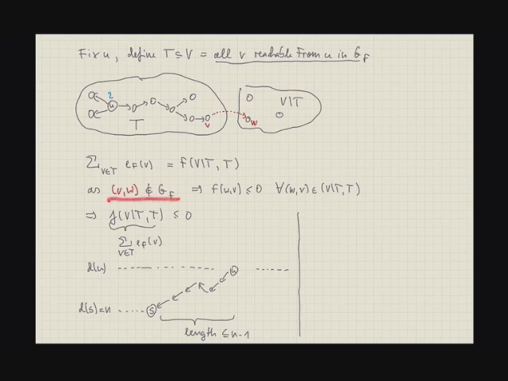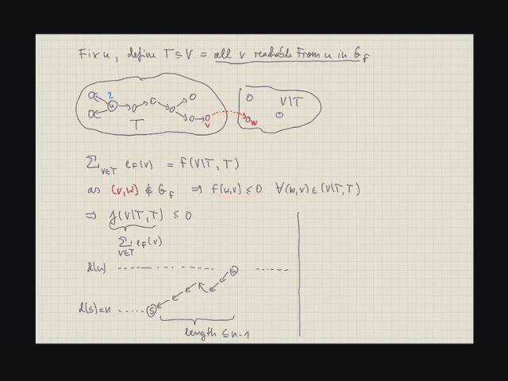So this edge is not in this residual graph, which means we cannot have positive flow in this opposite direction from W to V. If we had positive flow in this direction, this edge would be there in the corresponding residual graph. So that means that the flow value from W to V is smaller or equal than 0.